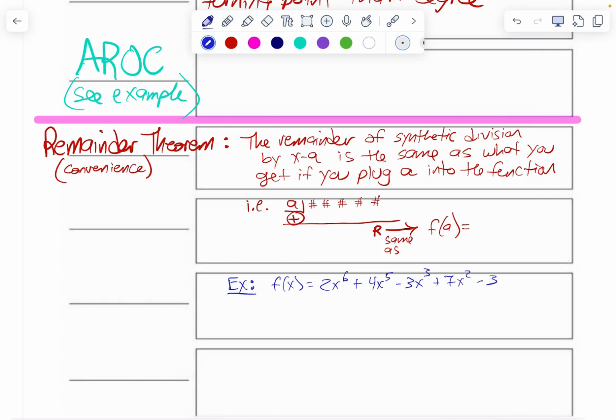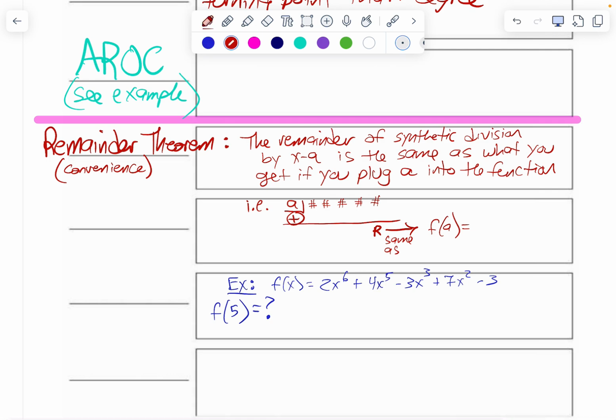And I want to know what f of 5 is. Now, how much of a pain would that be to stick 5 into that function and evaluate it? Do you know what 5 to the 6th is right now? No. How about 5 to the 5th? 5 to the 3rd is 125. So you get an idea of the size of numbers we're dealing with here, right? So that would be a real pain, okay?